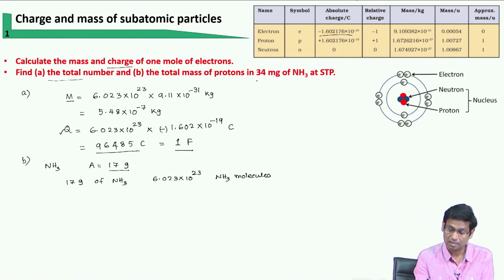Now it says we have 34 milligrams. So let us find out how many molecules of ammonia will be there in 34 milligram of ammonia.